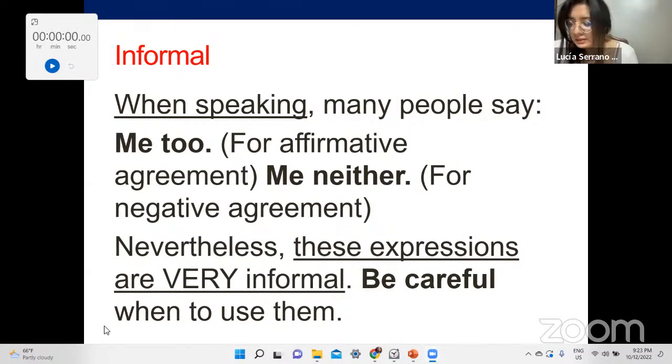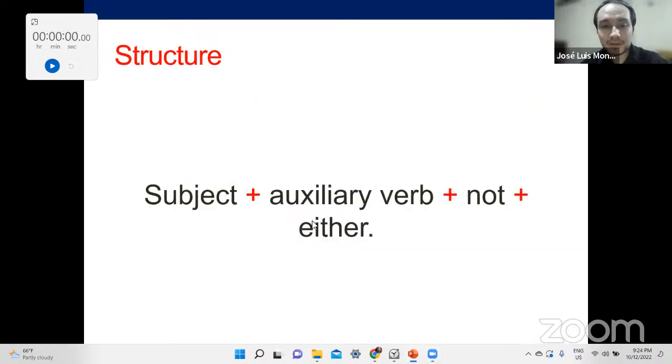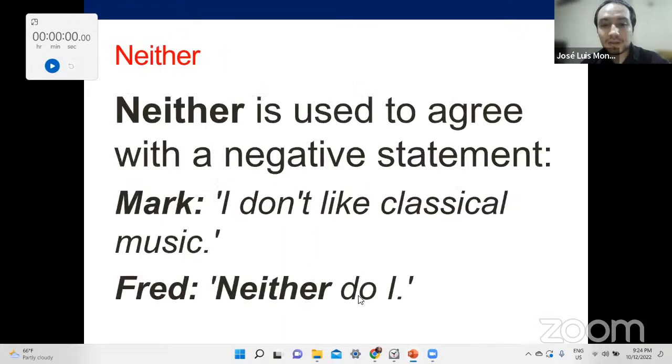Neither won't I. And in that one, remember, my idea is in negative, right? The negative of will is won't. But remember that with neither, you use the affirmative. The meaning is negative, but let's remember the rule: the conjugation of the auxiliary is in affirmative only.